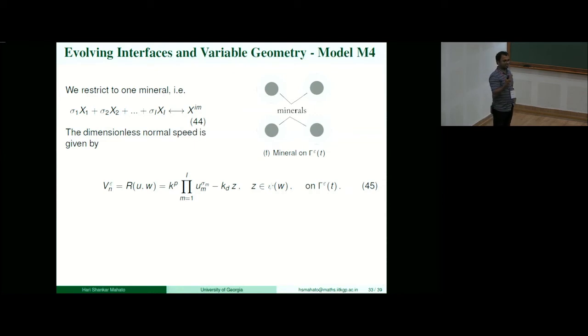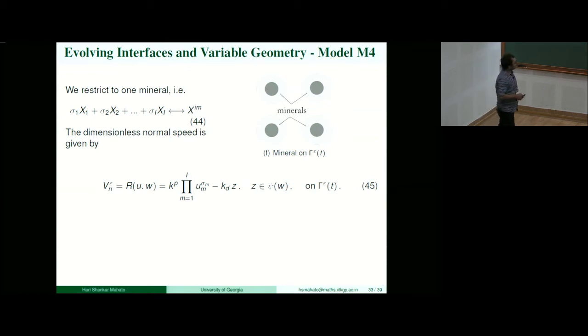They said that instead of focusing on the moving boundary, you can write the moving boundary in terms of a level set. And now you focus on the level set instead of focusing on the boundary. At any time, if you want to know the position of the moving interface, you just look at the level set given at that particular time, and that will give you the position of the interface.